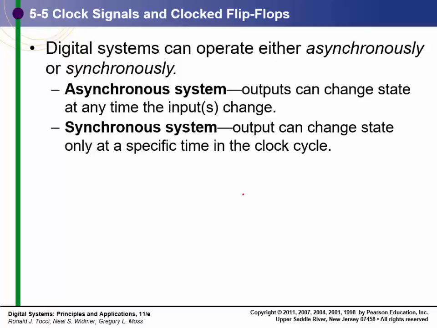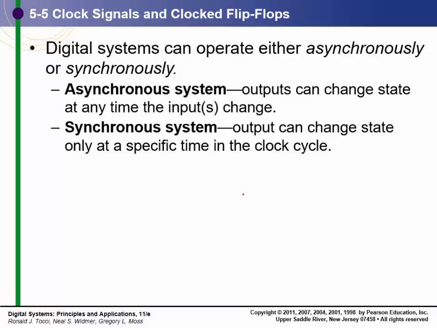They cannot change any other time. The advantage of a synchronous system is that if everything changes at one time, all the inputs and outputs from the previous change have settled down, and you know what they are.